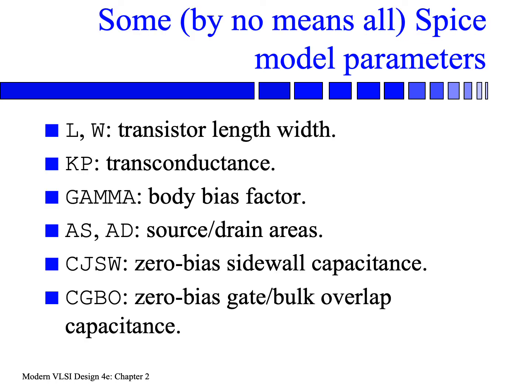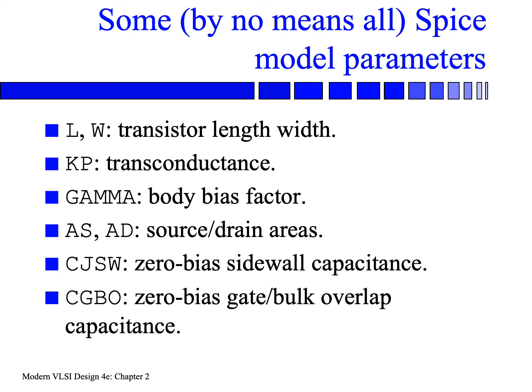This is just some of the parameters used by SPICE. SPICE is actually the most popular circuit simulator, and it uses this kind of parameters. For example, LW is length and width, KP is K prime, and gamma is the body bias factor we just mentioned. This is the source drain area overhead we compute with parasitics.